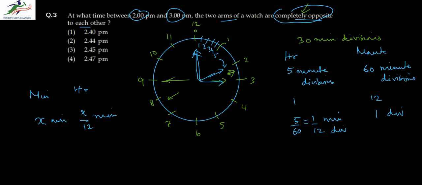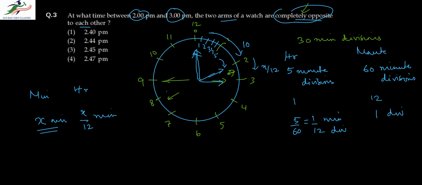So let's say the minute hand reaches the point x minutes when the hour hand reaches, it was at the 10 minute division, so it will be 10 plus x by 12.